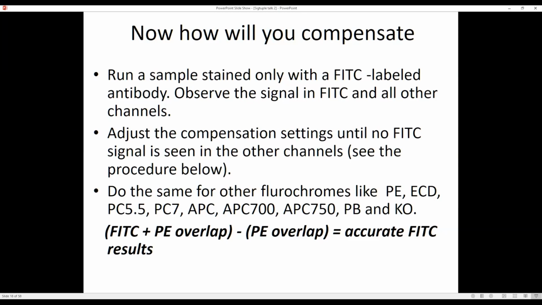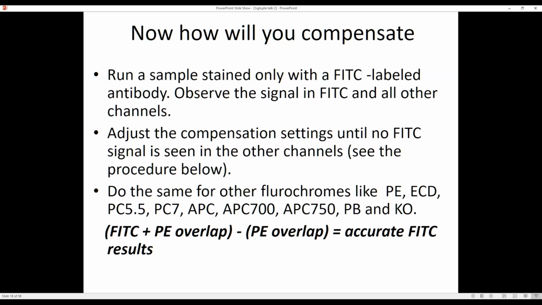What single stain is, for example, now you are using a 5-color instrument. So it has a FITC channel, a PE channel, an ECD channel, which is the third fluorochrome, a PC5 channel, and a PC7 channel. There are 5 channels. Now I'm going to take a sample, stain only with FITC, only adding CD FITC, FITC molecule. Now, ideally, if I run it in the machine, where should I get the signal? I should get signal only in FITC. That is correct.